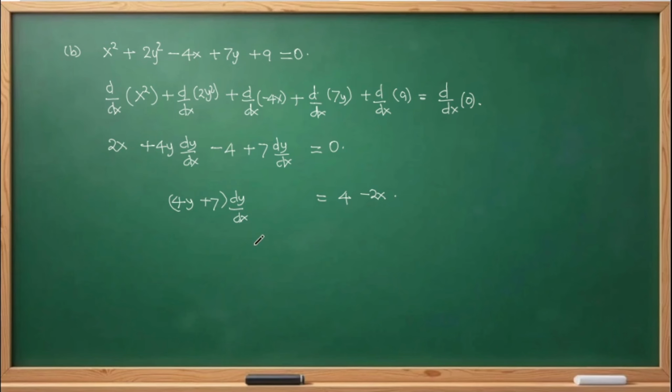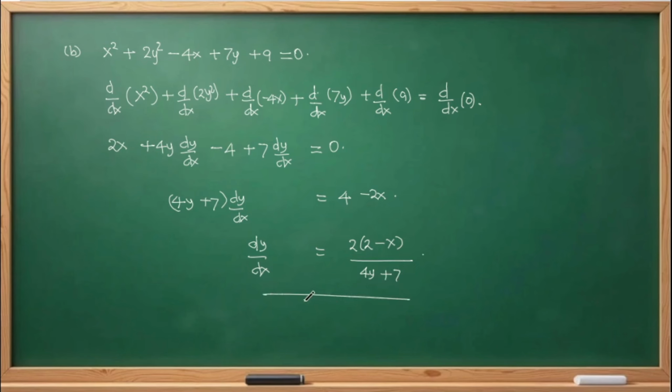So we can divide both sides by the coefficient of dy by dx. We obtain 2 into 2 minus x all over 4y plus 7. That is the derivative.